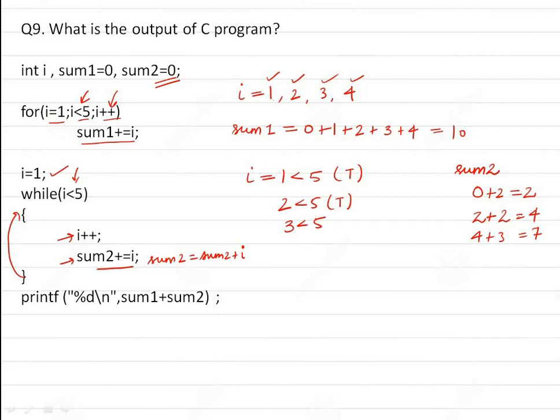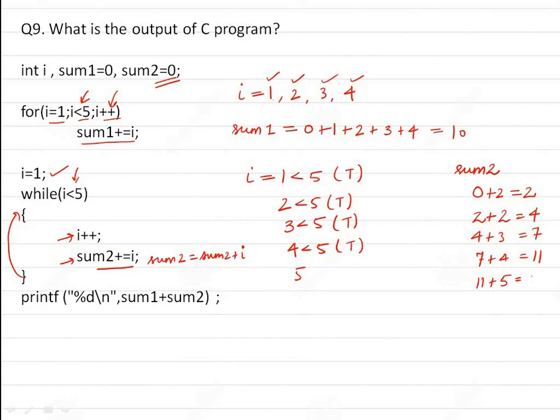Then we go back, 3 less than 5, yes, this is true. We enter the loop, the value of I becomes 4, so 7 plus 4 is 11. Then again we check 4 less than 5. Yes, this is true, so the value of I becomes 5 now, so 11 plus 5 is 16. So I think I made a mistake here.